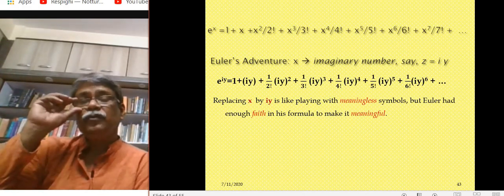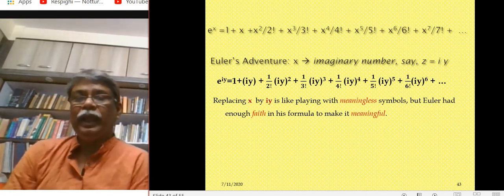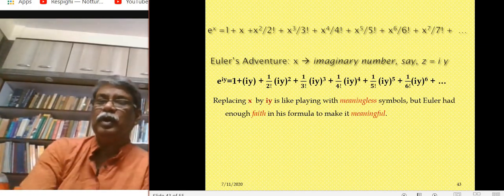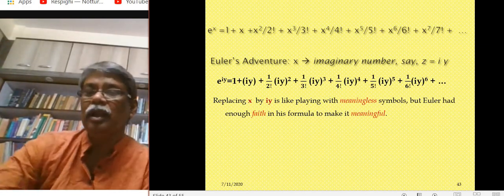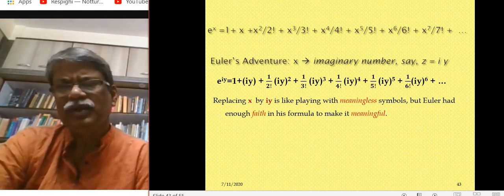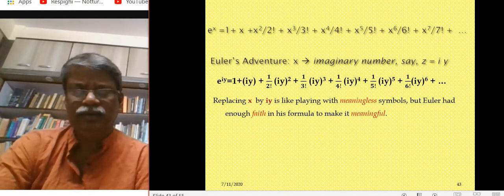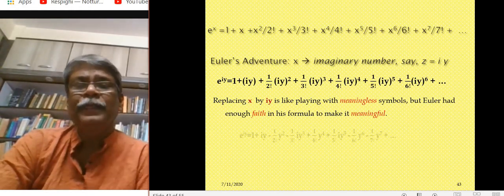Why is a question of faith? Because at that time it was not quite sure whether it is a mathematically allowed step or not. So he had some intuition, faith, belief that probably it's going to work, and he did it. So only a genius can do that.